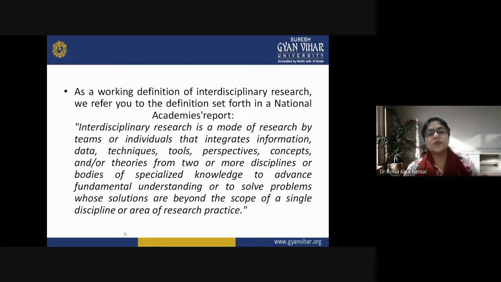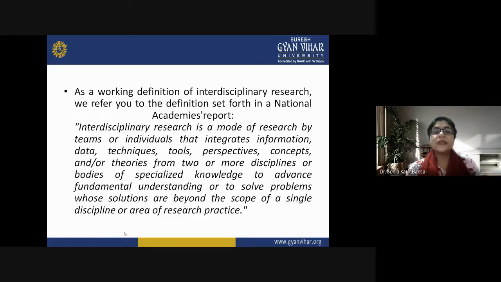Interdisciplinary research is a mode of research, students, by teams or individuals that integrates information, data, techniques, tools, perspectives, concepts, and/or theories from two or more disciplines or bodies of specialized knowledge to advance fundamental understanding or to solve problems whose solutions are beyond the scope of a single discipline or area of research practice. So this is how interdisciplinary research is defined.